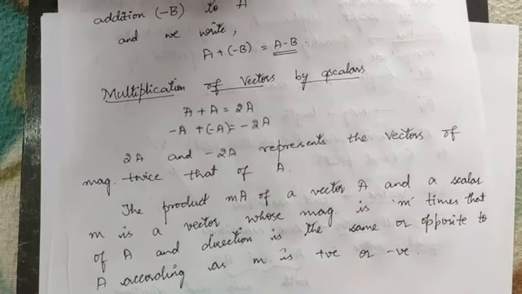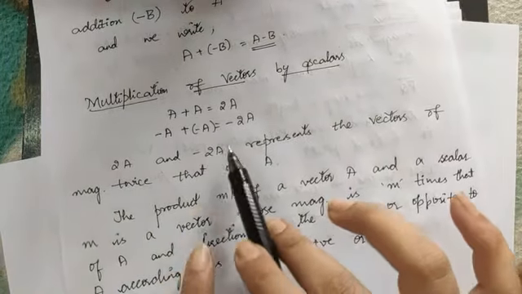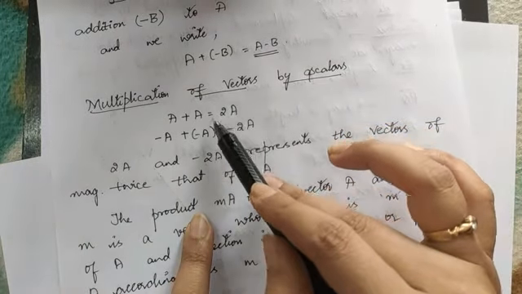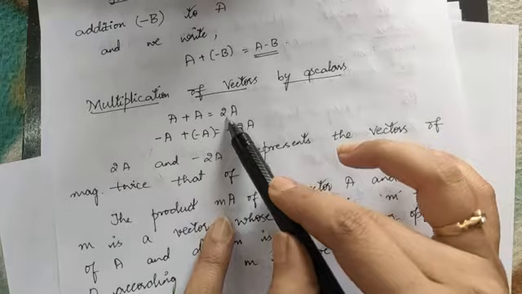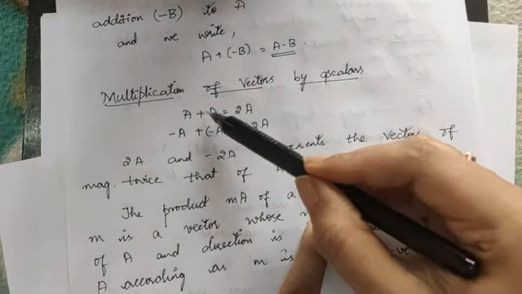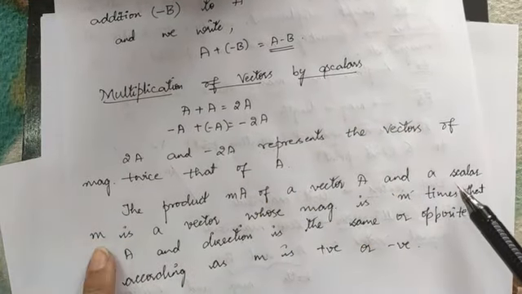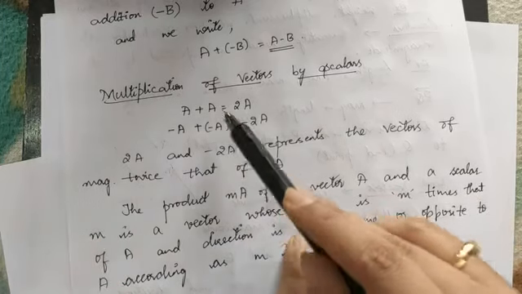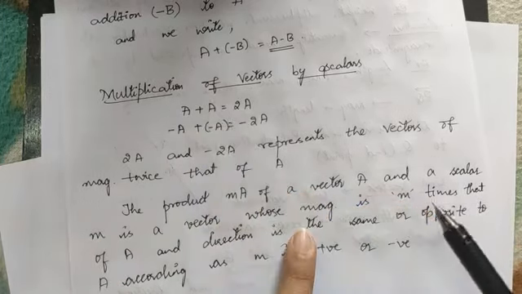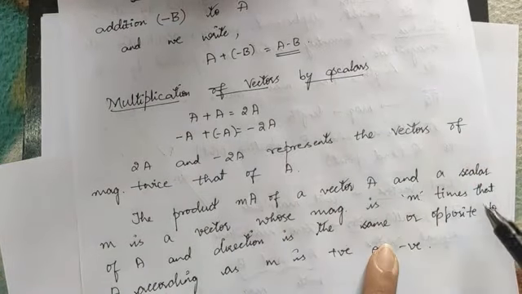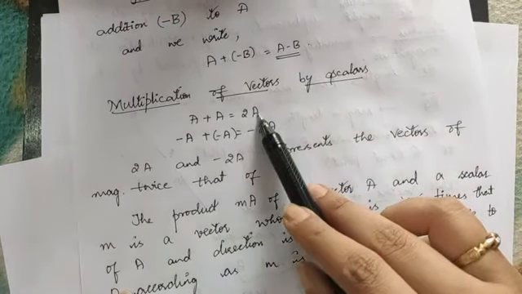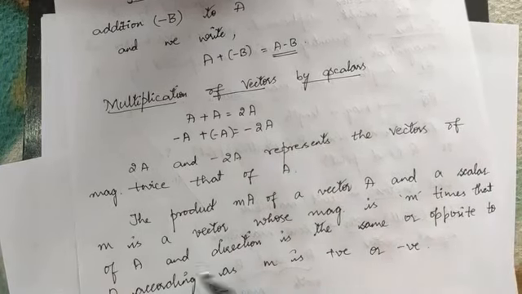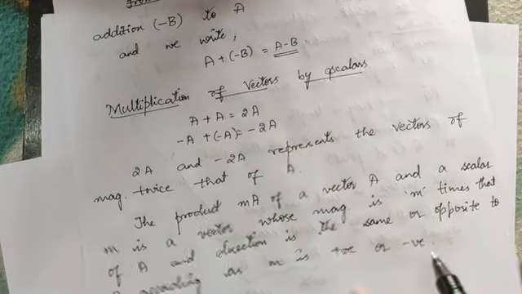That means for the product mA, for this example, I can say 2A. In the place of m I have 2, of a vector A and a scalar m, a vector whose magnitude is m times that of A, and direction is the same or opposite to A according as m is positive or negative.